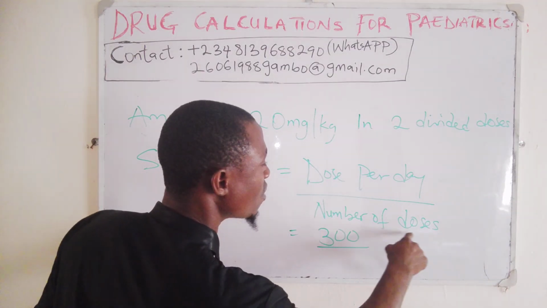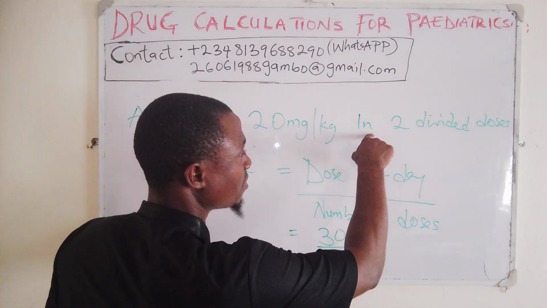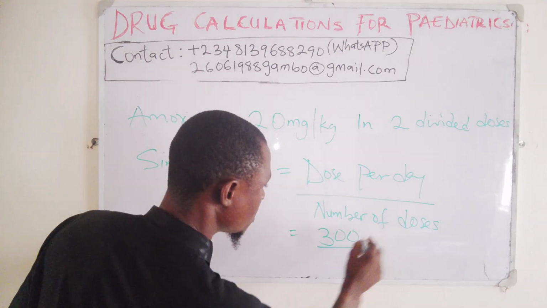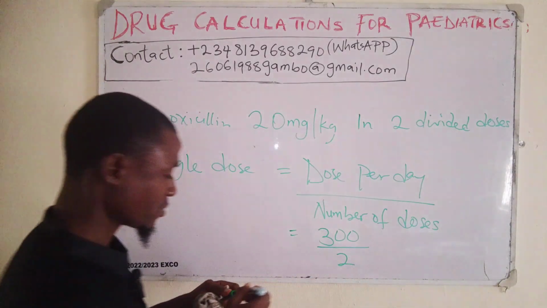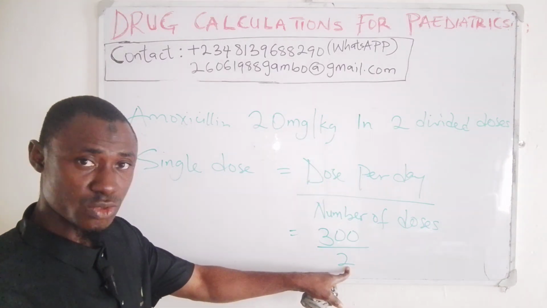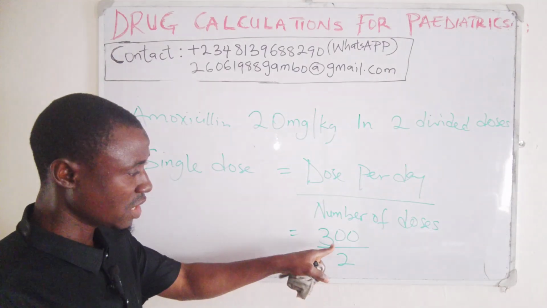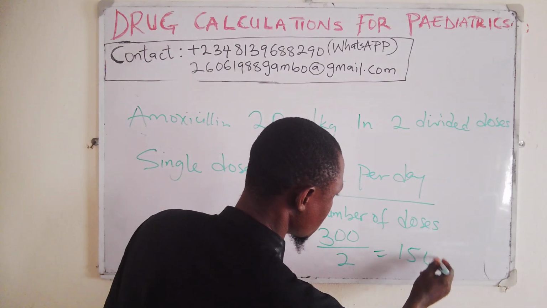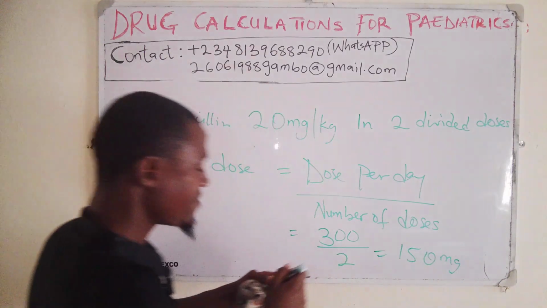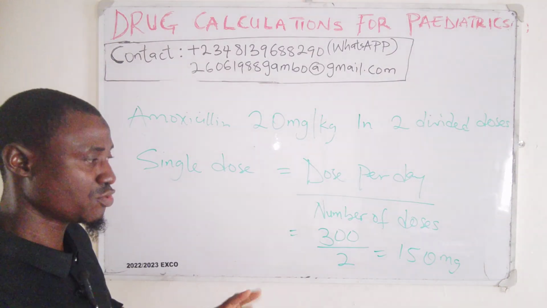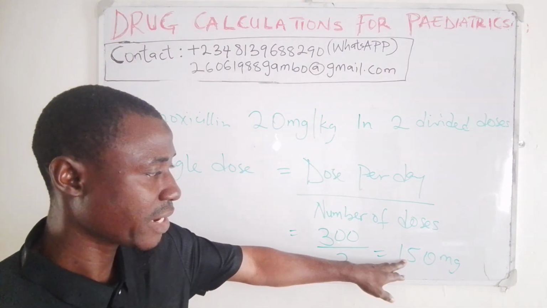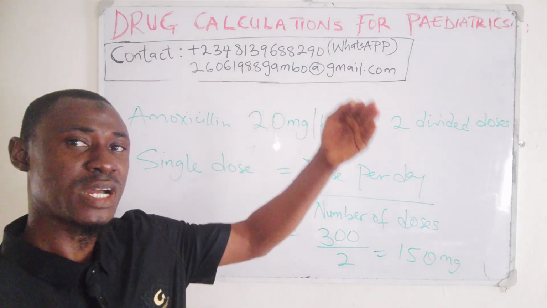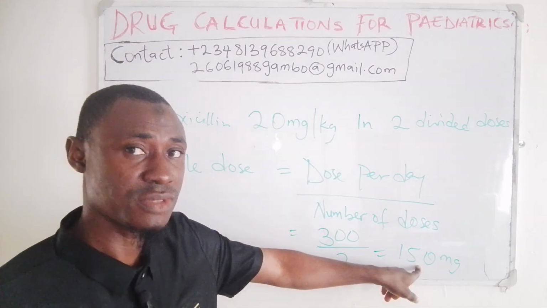And the number of doses in the prescription? It says in two divided doses, so the number of doses will be 2. If you divide 300 by 2, you have 150 milligrams. So every time I administer this drug, I'll administer 150 for the first administration, and the subsequent one in that same day will also be 150.